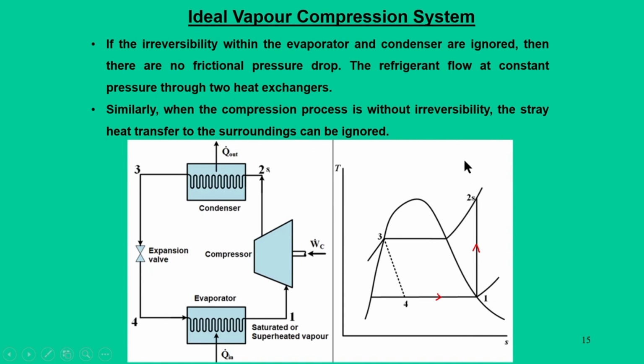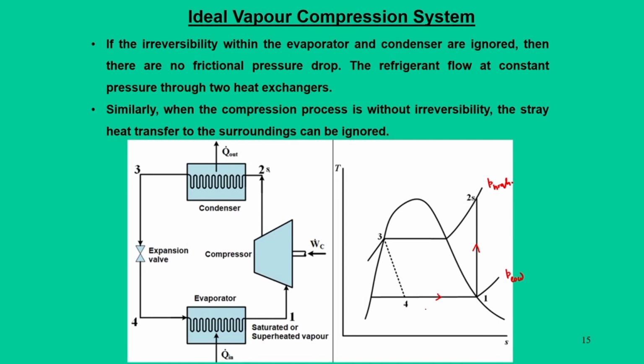If you look at this TS diagram, there are two pressure limits at which it operates, one low pressure and the other high pressure. High pressure remains constant in the condenser. Low pressure is in the evaporator.